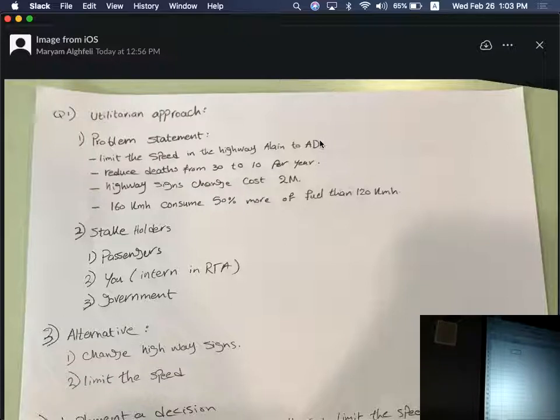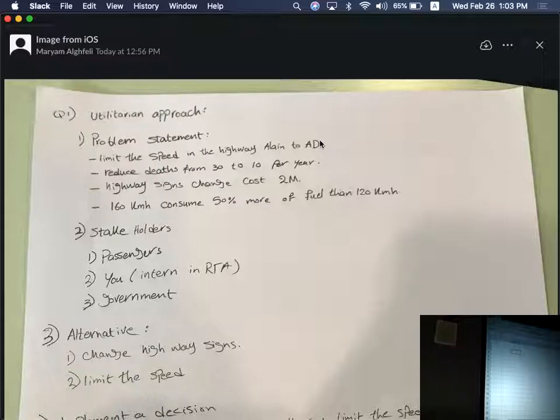Yes. So in good stakeholders, you have the users, the people paying, and somebody else. At least three, usually, like parents, students, and teachers. So we have the passengers, the users. You could have you, the intern, but I don't think you are the stakeholder.